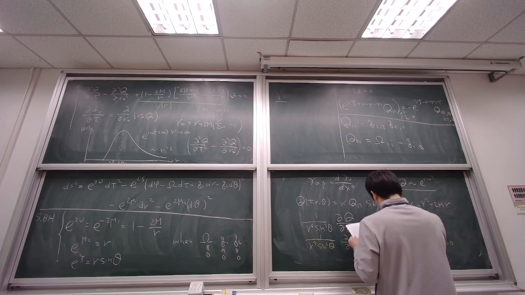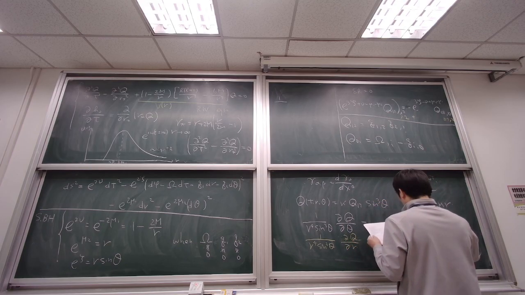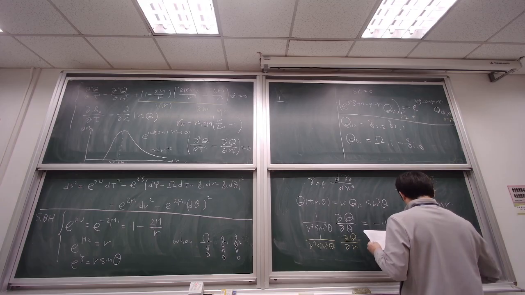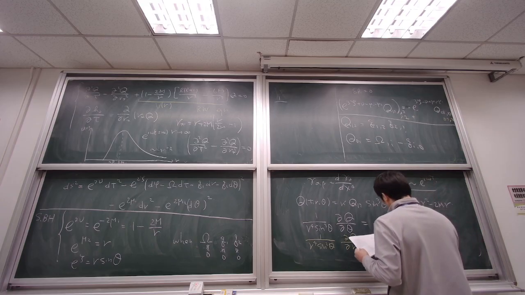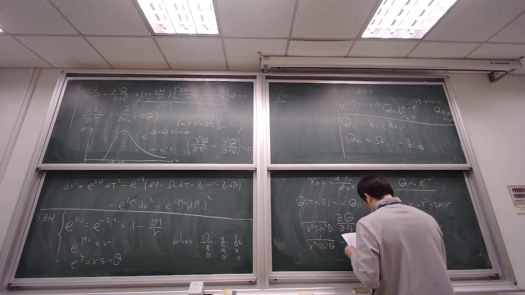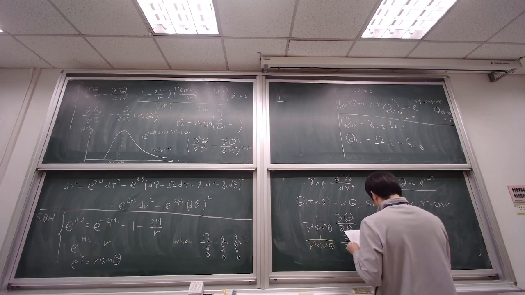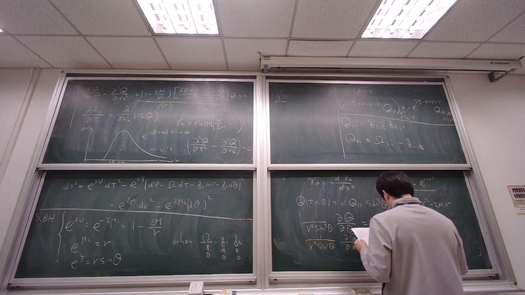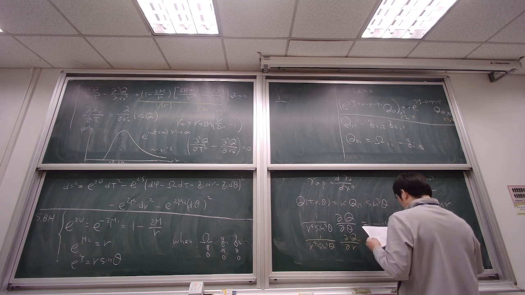I omega minus omega square q1, and then plus I omega dot 2 plus omega square q2.